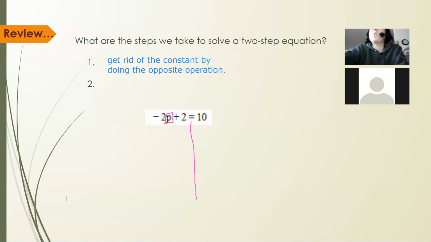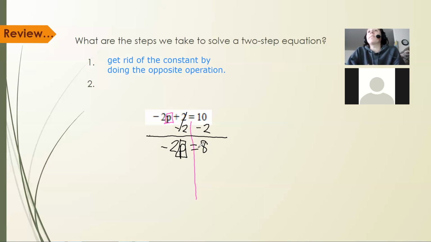Okay, so once we get rid of the 2, so that's a plus 2, once we get rid of it, we'll do minus 2. So we're left with 8 and negative 2p. Now we got to get rid of that negative 2. What word is that negative 2 called? Do you guys remember? It's another C word, and it's not cookies.